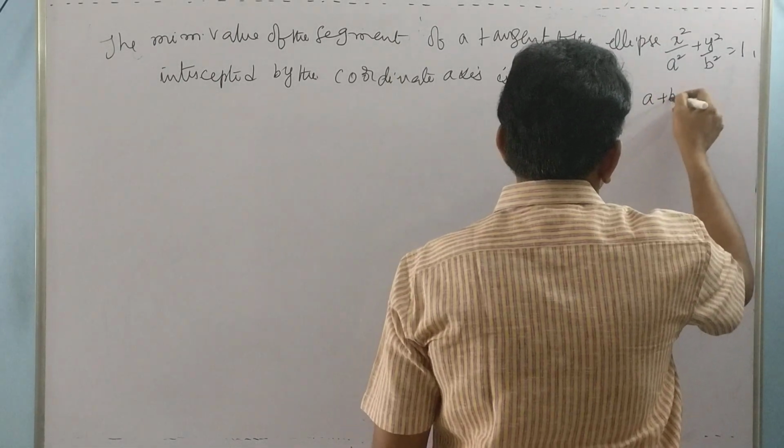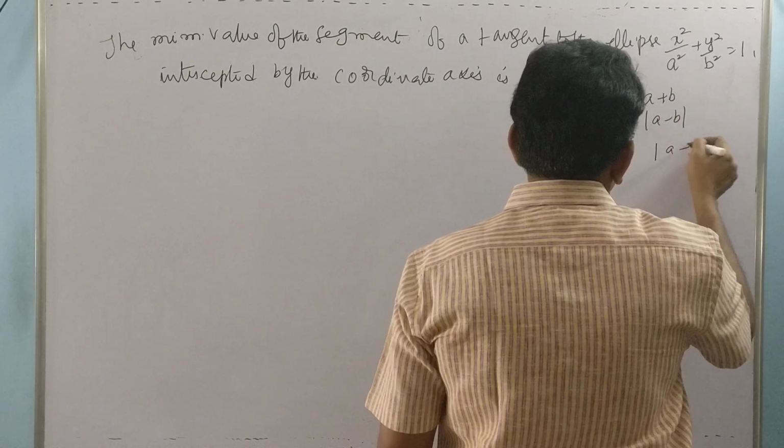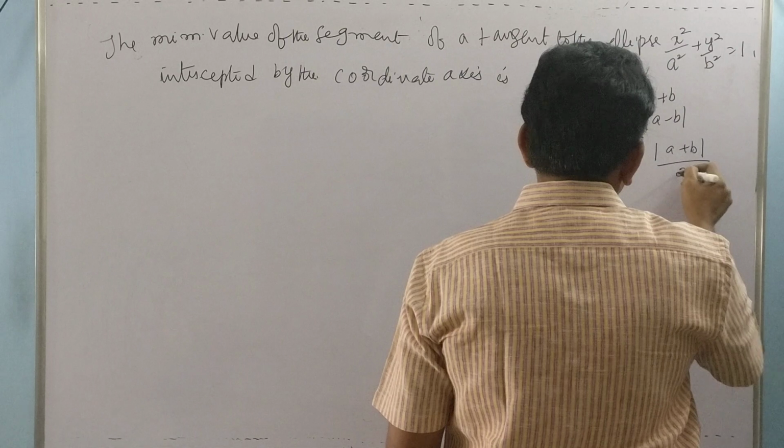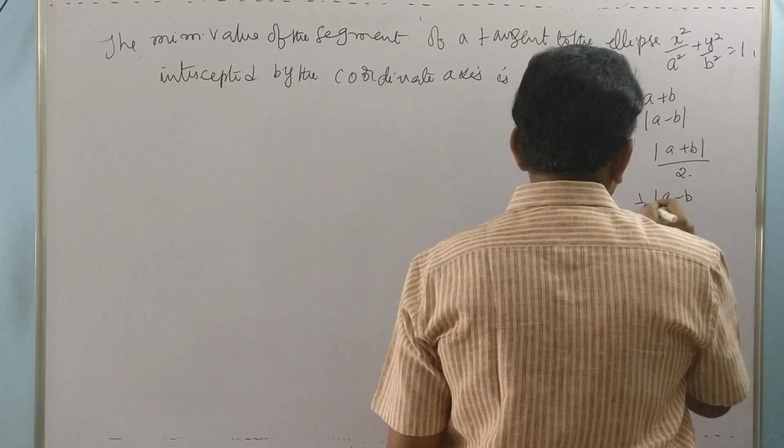First option a plus b, then a plus b by 2, and this is mod of a minus b by 2.